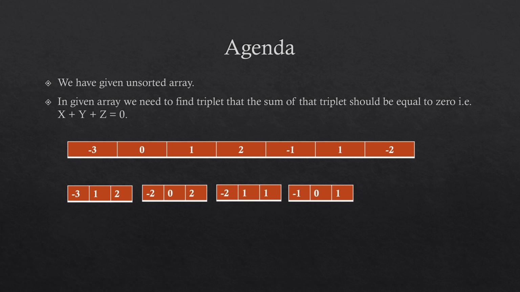In this case, that is -3, 1 and 2, and if we sum them the result is 0. Another triplet is -2, 0 and 2, and the sum is 0. Another triplet is -2, 1 and 1, and the sum is 0. And another triplet is -1, 0 and 1, and if we add them the sum is 0. So we need to find these triplets from this given array.